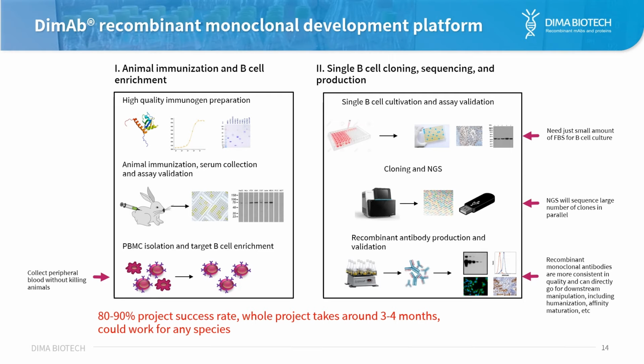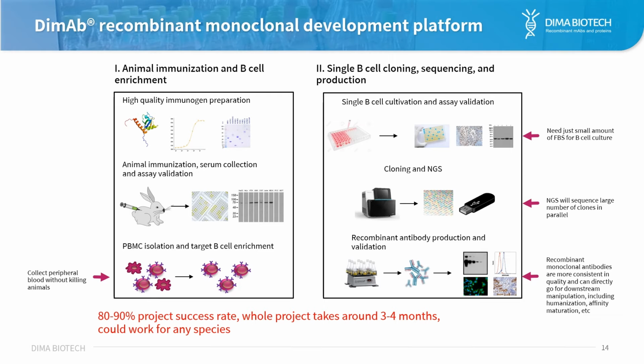We add our proprietary culture medium to the well, and the medium supports the B cell to grow from a single B cell to hundreds, or 200, B cells within one or two weeks, and secrete enough antibody into the medium. The antibody can be validated by traditional ELISA, flow cytometry, or other functional assays like blocking or activation assays.